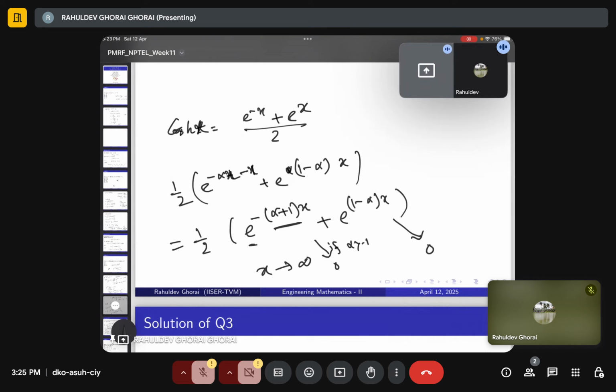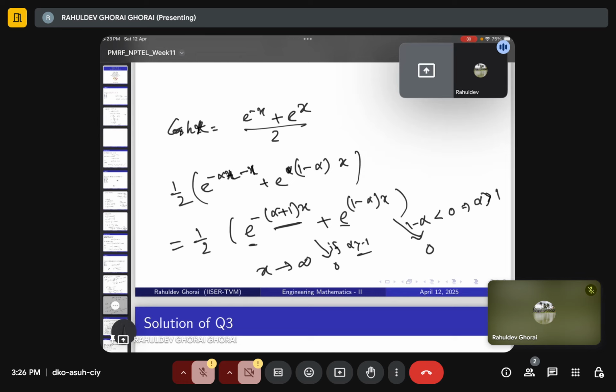Because these two functions are positive always, if two positive functions have limit 0, then the limit of both has to be 0. So 1 minus alpha should be less than 0, right? That implies alpha is greater than 1.